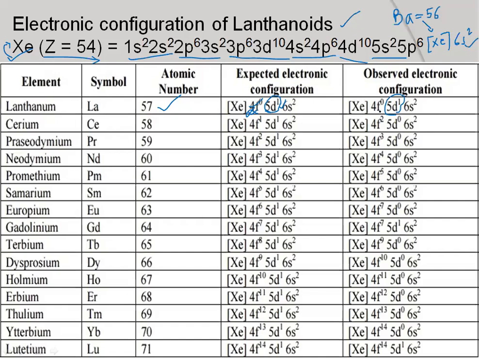Hope it is clear to all of you. That's why lanthanum is a d block element. Though we place lanthanum in f block, when we write the series we write lanthanum, that is only because it is a prototype, or we call the series lanthanoid, but lanthanum is actually a d block element.